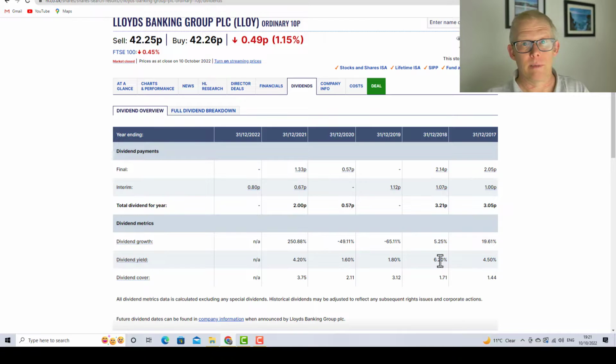I tend to look at around a 3 to 5% dividend yield on companies that I invest in. I do have some that are much higher, but we're in a very volatile situation at the moment, and quite a lot of companies have gone down in price.